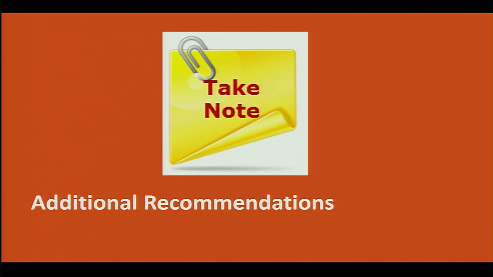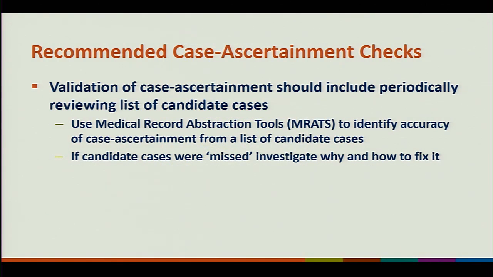So we also have a few additional recommendations that you can do for internal data validation. Besides the monthly checks, we recommend that you conduct routine case ascertainment checks. I mentioned earlier, we also have that CDC external validation guidance and toolkit on our webpage, and it provides what we call medical record abstraction tools that you can use to verify that you are calling your cases correctly.